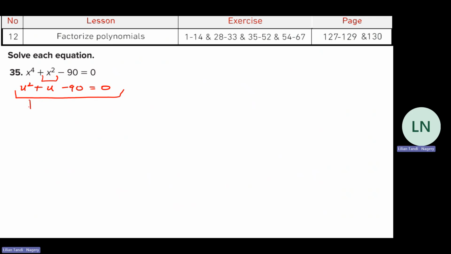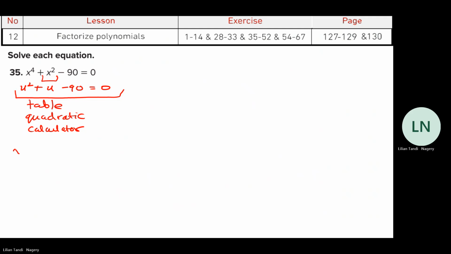So this part you can do on the table. You can do quadratic formula. And you can do calculator. So me, I did quadratic formula.